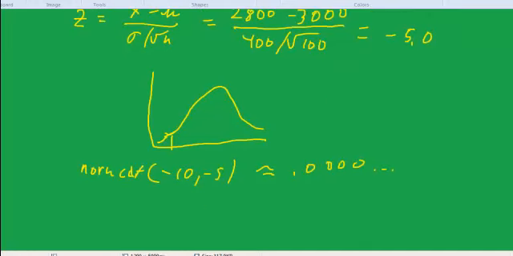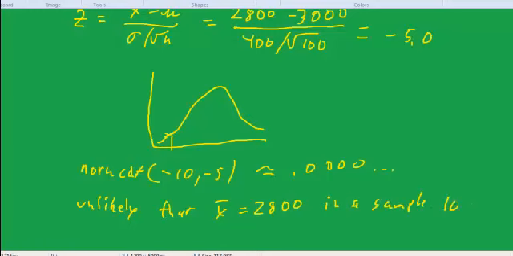What that says is that it is very unlikely that our made up result, remember I made up this whole problem, that x bar equals 2800 in a sample of 100 teenagers, would occur if the true mu were 3000.